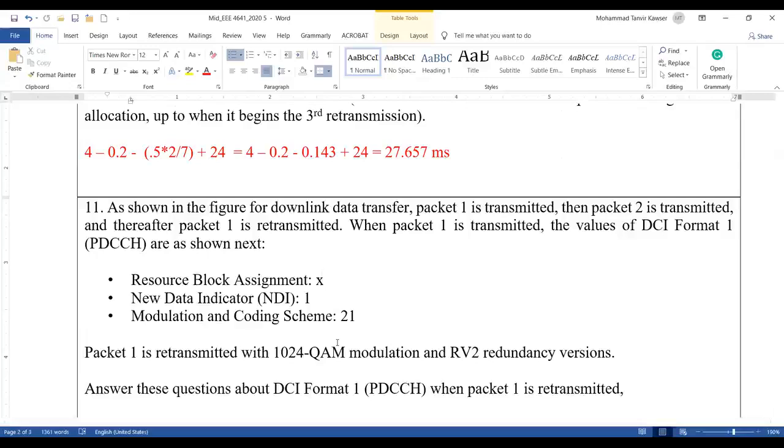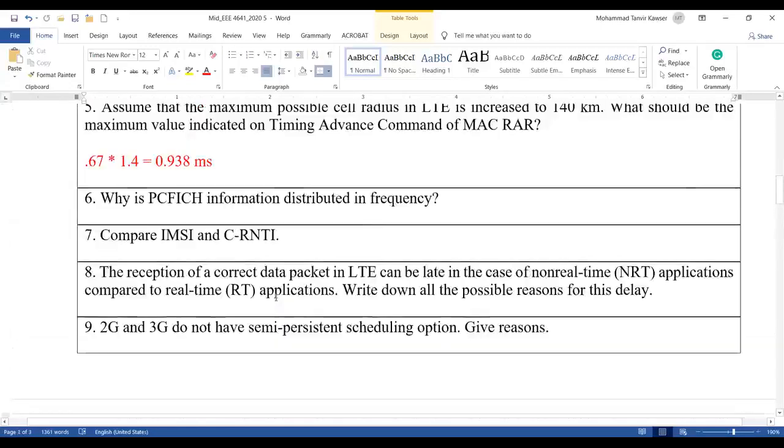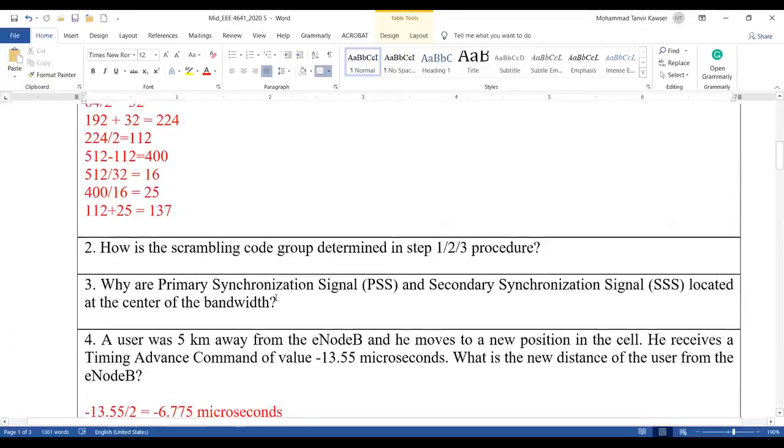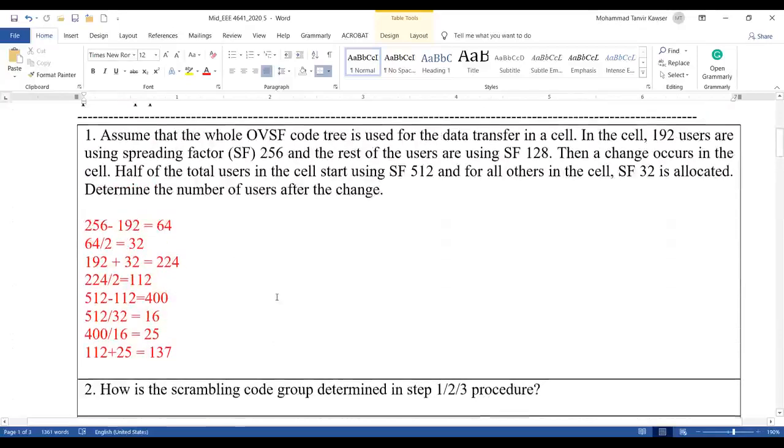Okay, let's see. The questions we have discussed so far, tell me which one is difficult? This one, is it difficult? Similar problems you solved in the class test.